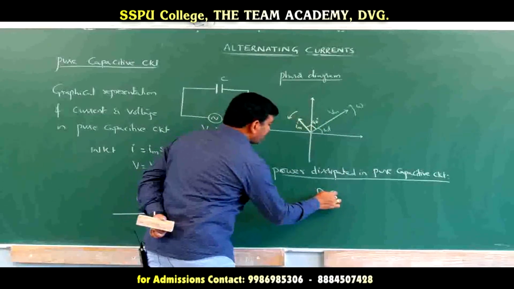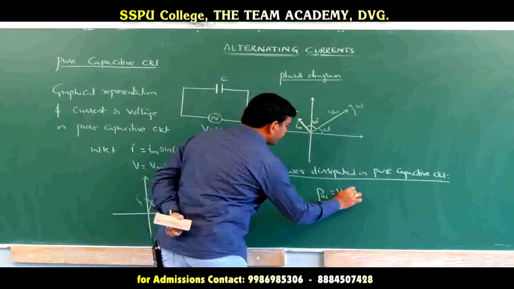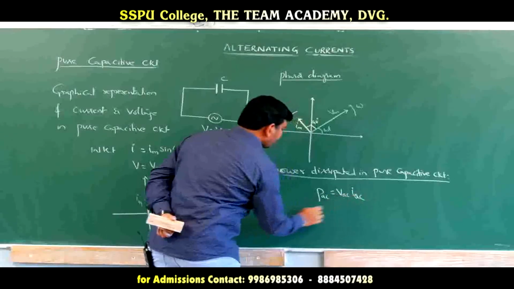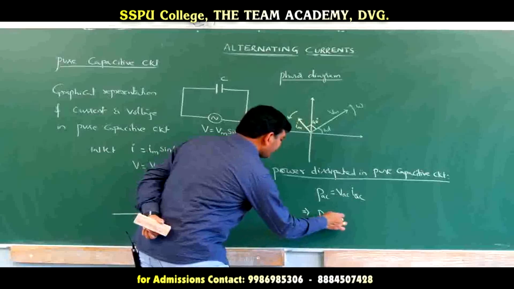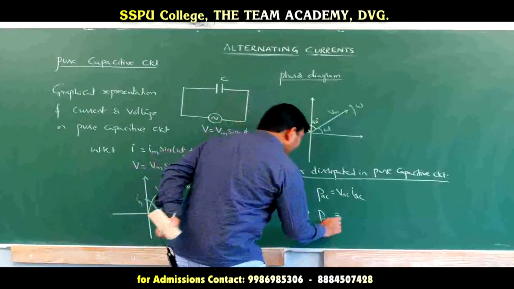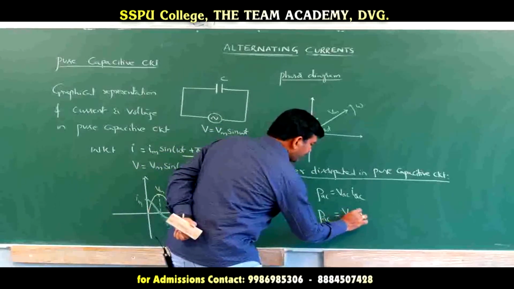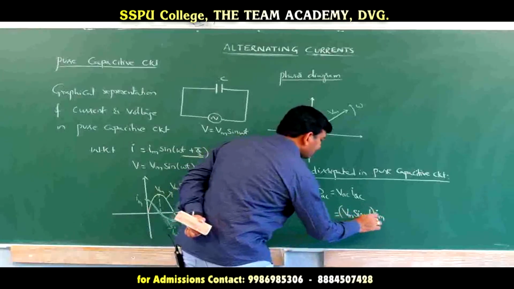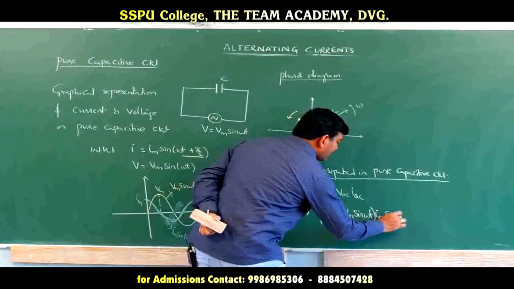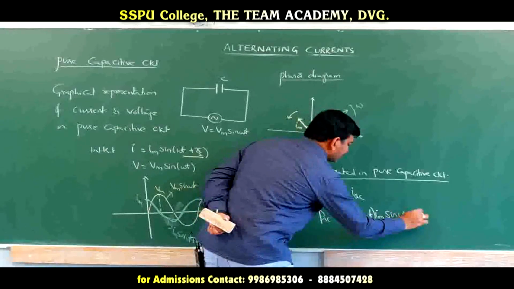AC power is equal to AC voltage into AC current. So what is the AC voltage and AC current here? PAC is equal to VAC, which is Vm into sin omega t, and IAC is Im into sin omega t plus pi by 2.